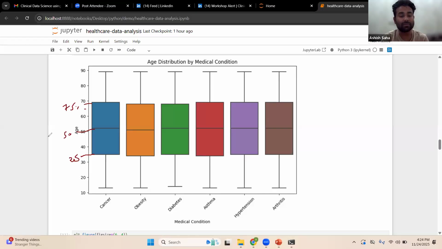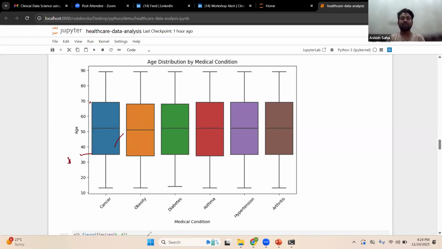So I can say 75% of people are coming with cancer, and their age category is between 35 and 70. Cancer, obesity, diabetes and the rest all have equal density in my data.